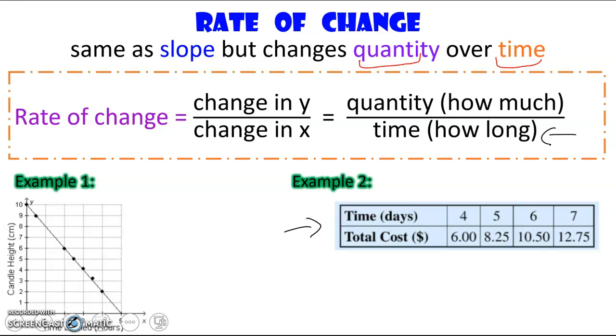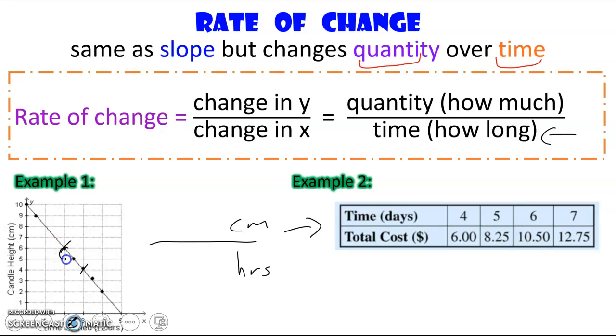Let's see, I have candle height. So again, I'm setting up my rate of change, my candle height over, and then I have time per hours. Well, remember, time is always on the bottom, and then whatever my quantity is, my candle height is going to go on the top there. And so now I find 2 distinct points. I'm going to choose this one and this one. When I'm given a graph, I'm just going to count up or down how many spaces and left or right how many spaces.